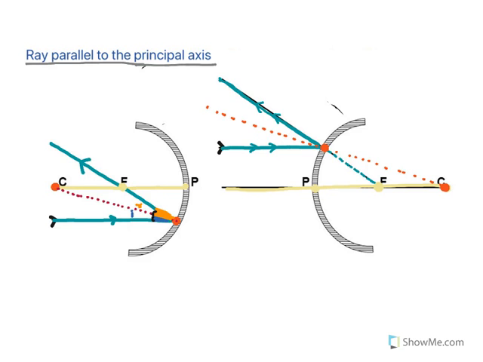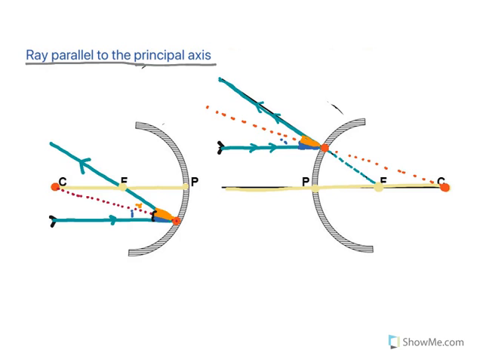Now the angle of incidence is the angle between the incident ray and the normal. So we have the incident ray here and this is the normal. So this is our angle of incidence. We'll call it I. The angle of reflection is the angle between the reflected ray and the normal.